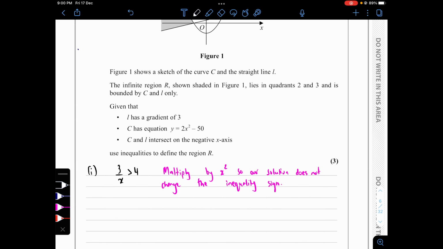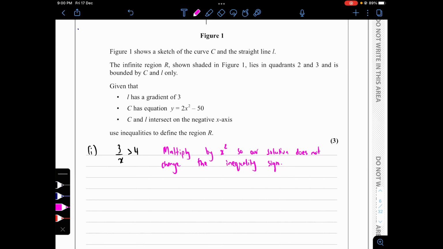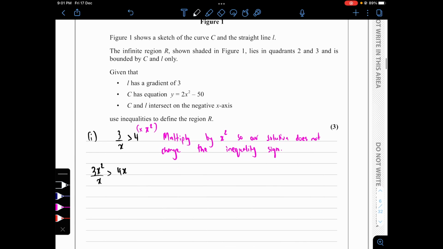So let's multiply everything by x squared, right? So we will get 3x squared over x is greater than 4x squared. So now we can simplify this. This will become 3x is greater than 4x squared. We can bring to the other side, becomes 0 is greater than 4x squared minus 3x.